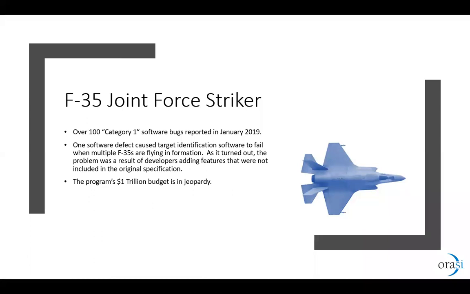I'm sure many of you have heard this. I like this example because it's very well known and people understand the concept. In short, this is a $1 trillion project to develop the next generation fighter jet. As of the beginning of 2019, there were over 100 Category 1, critical showstopper issues related to software problems.